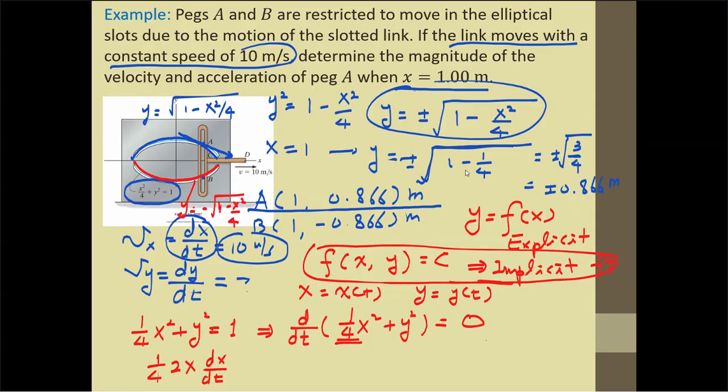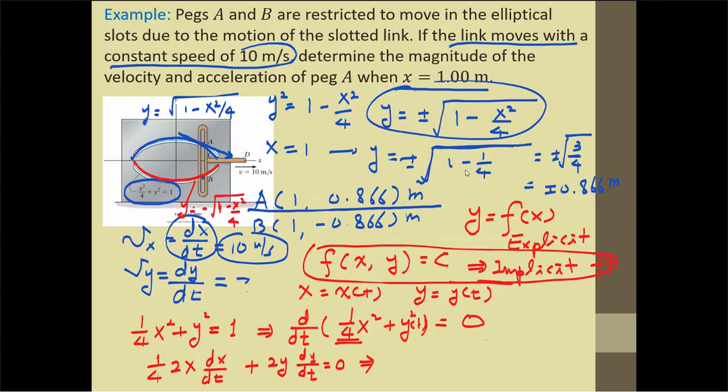This is a velocity x component. Plus the second function, t is embedded in. First, take a derivative with respect to y. That is 2y, and dy over dt. That equals 0. Now then simplify.